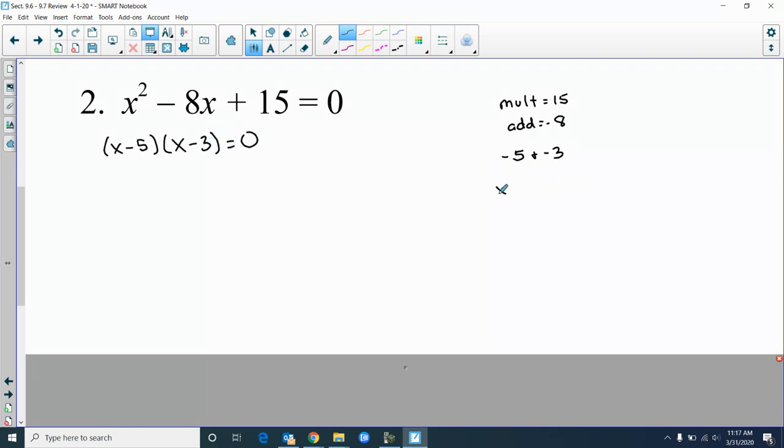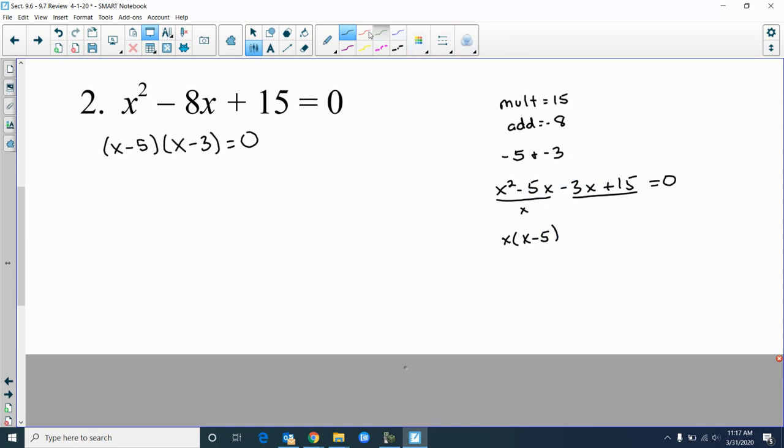I know a lot of you are more comfortable with the grouping method, and that is fine. If you do it this way, you take out a common x, and when you divide, you get x minus 5.